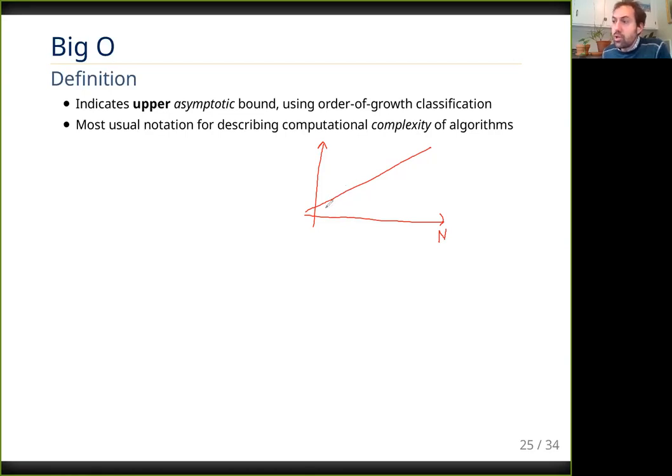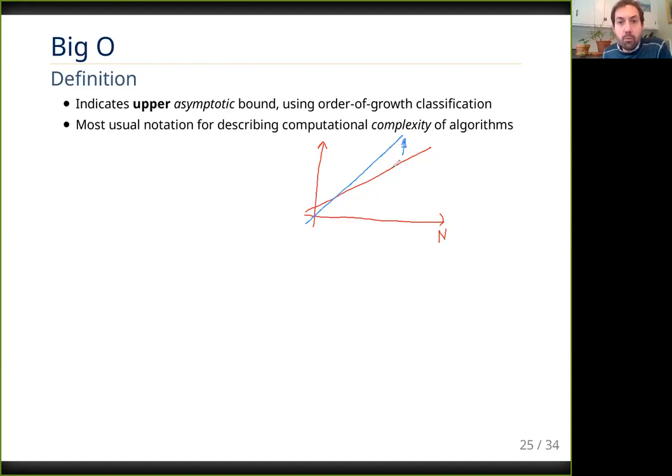So big O would be a way to define another function that will always be above the function that we're trying to describe. And that function, the blue line, would be an upper bound. It would always be greater than the function we're trying to describe.